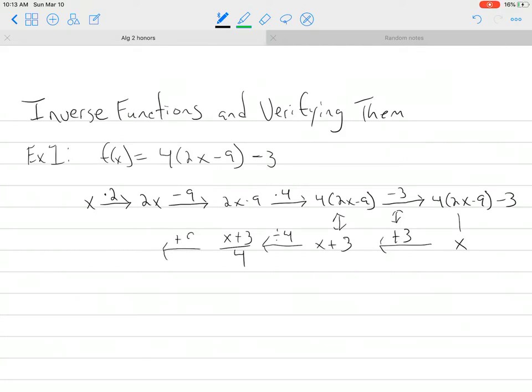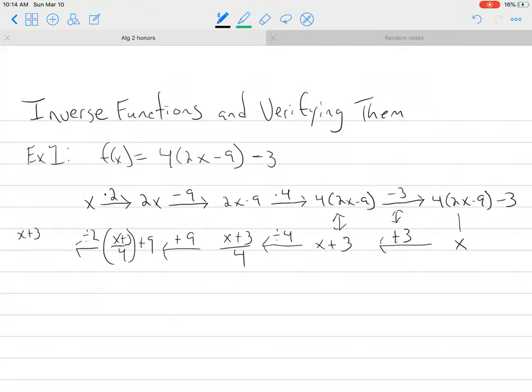This says minus 9, so I'm going to say plus 9. Let me change that. Which is x plus 3 over 4, that whole thing, plus 9. And finally, this says times 2. So it's going to be divided by 2.